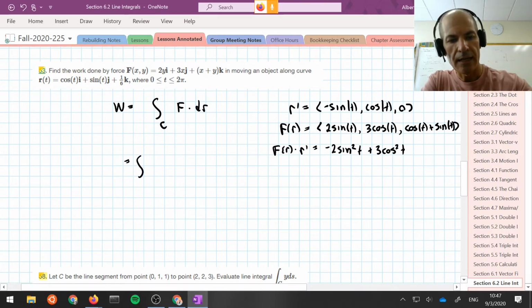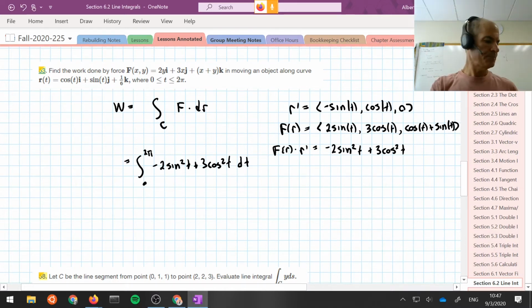This integral is actually the integral from 0 to 2 pi of F of r dot r prime, -2 sine squared t plus 3 cosine squared t dt, like that.